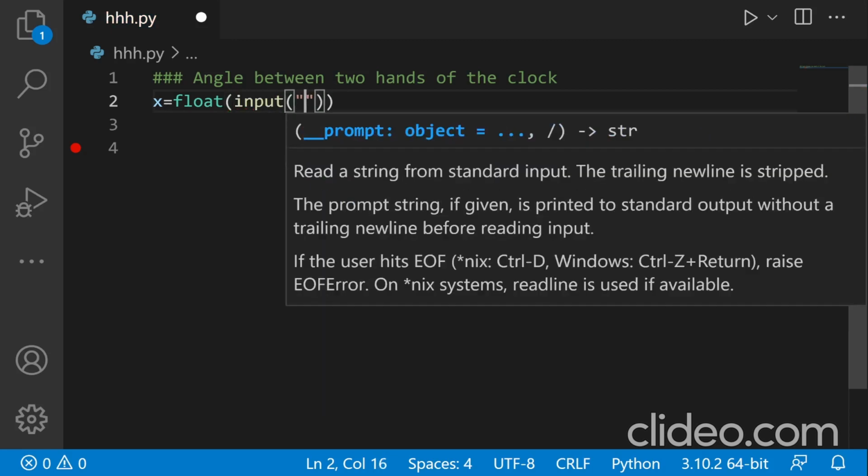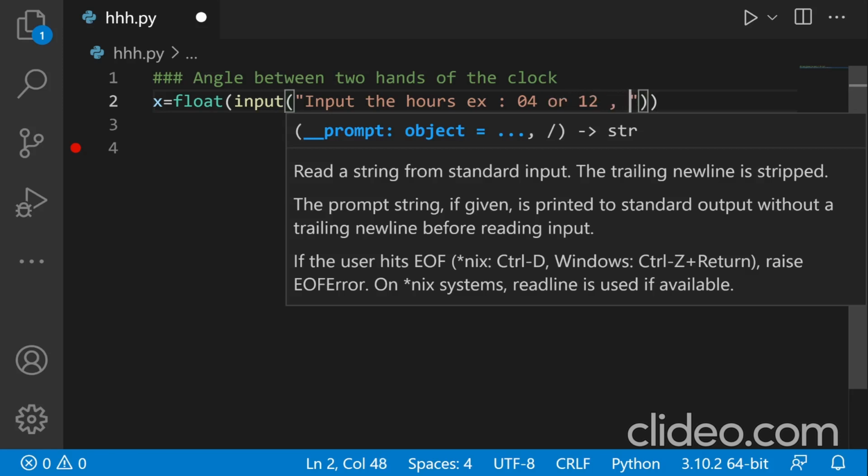Enter the number of hours. You need to give clear-cut instructions. Input the hours. Example: 04 or 12.